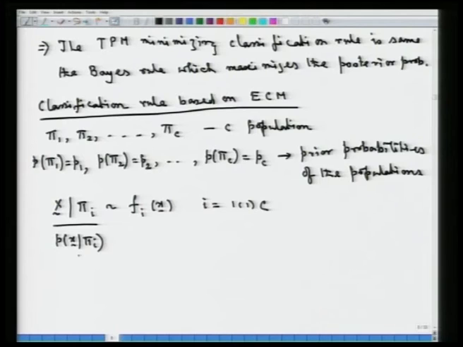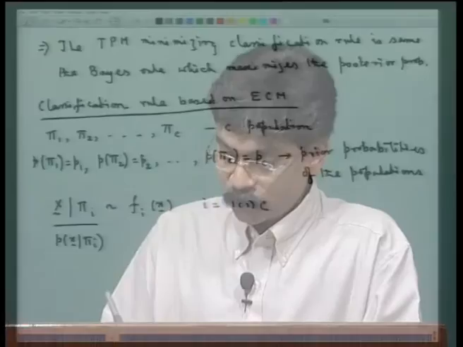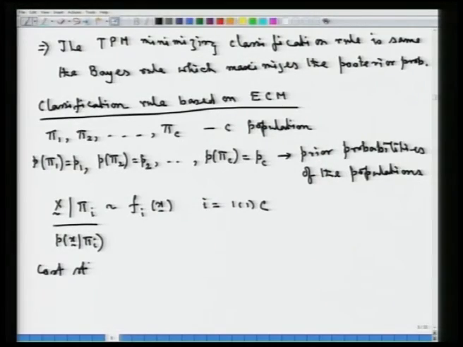So, that density we are denoting by fi(x). Now, we have a multi-class problem, a C class problem. So, let us also look at the cost of misclassification structure.